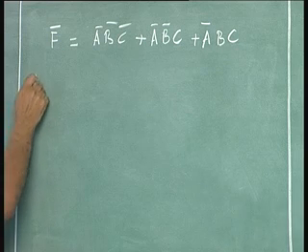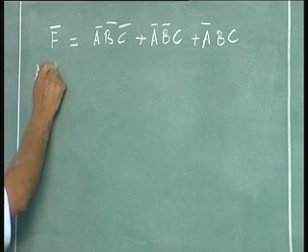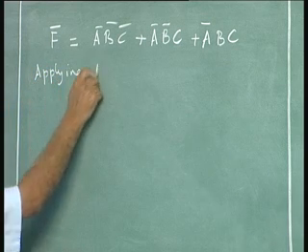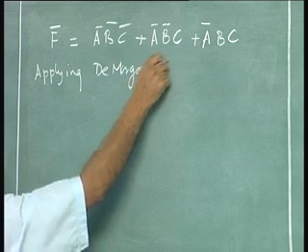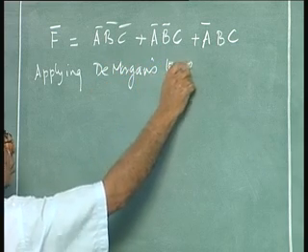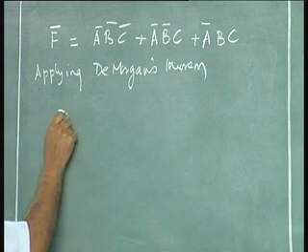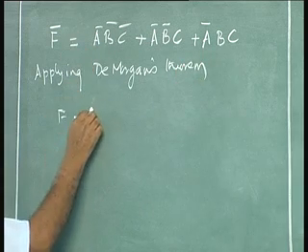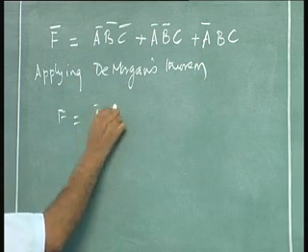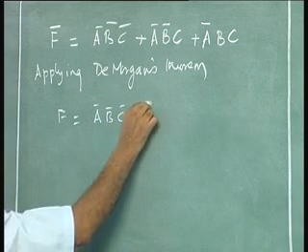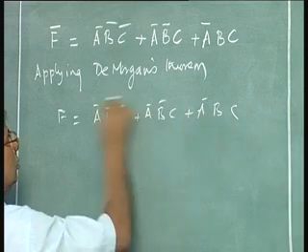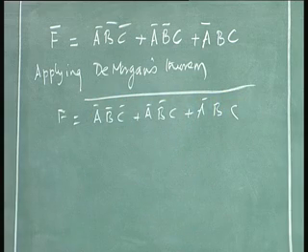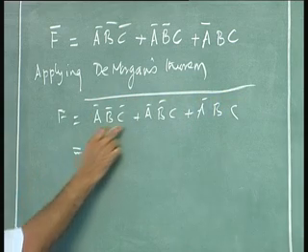So, from here applying De Morgan's, f can be written as... which is the same as this.